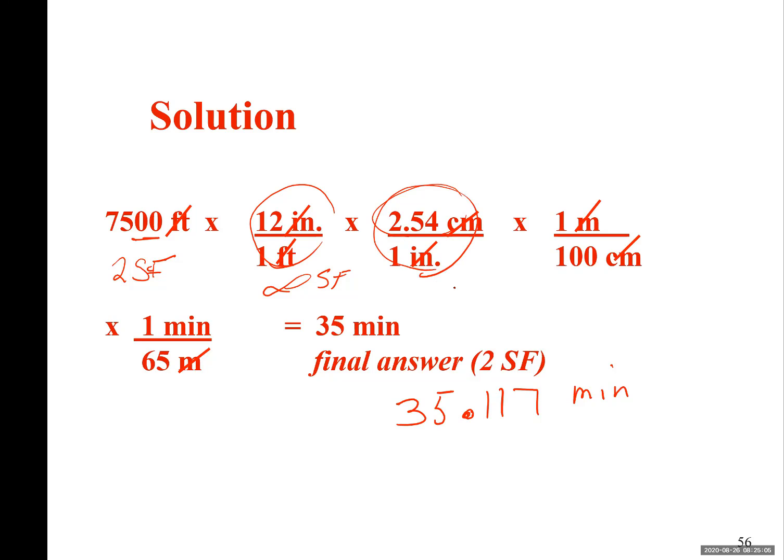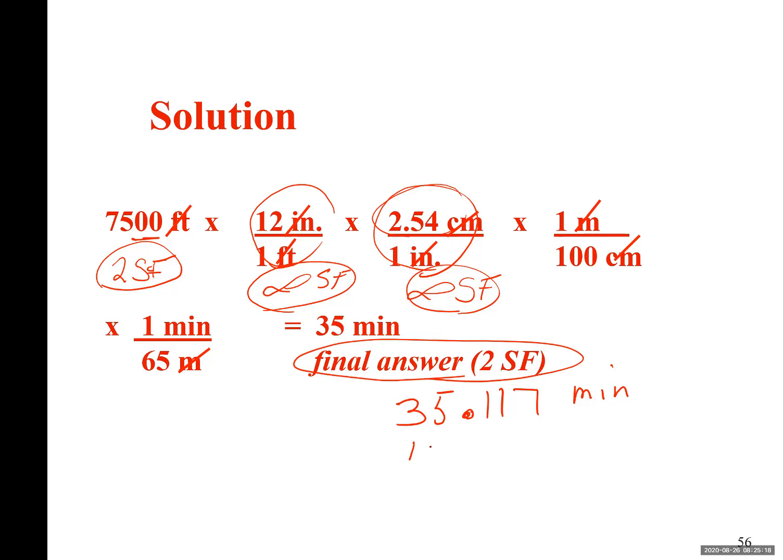This is also infinite sig figs. So can I say the smallest between these 3 is 2. So I need 2 significant figures for the answer. I must read all of these. I look at the first digit I drop. It's less than 5. I ignore it. So the answer is 35 minutes.